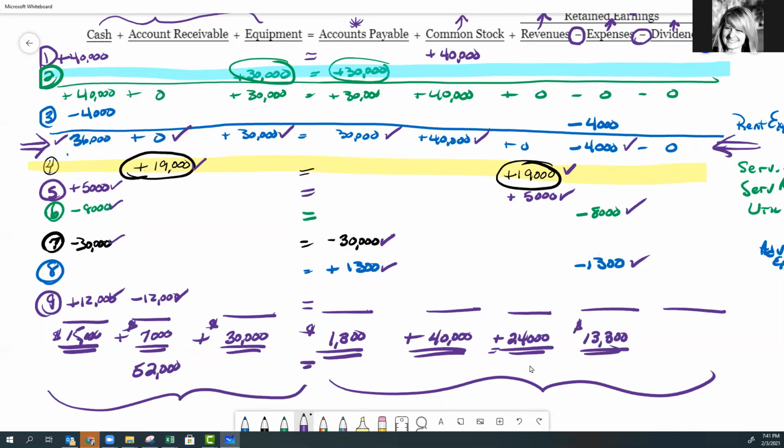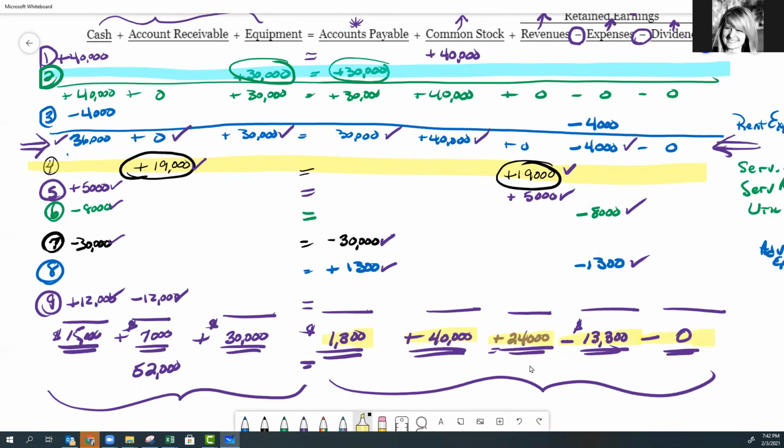And we didn't pay any dividends, so that is 0. Actually, what I want to do is we want to subtract our expenses because they make owner's equity go down. And if we had any dividends, we would subtract those as well. So let's take a moment and add our amounts here. We have plus 1,300, plus 40,000, plus 24, minus 13,300, minus 0.